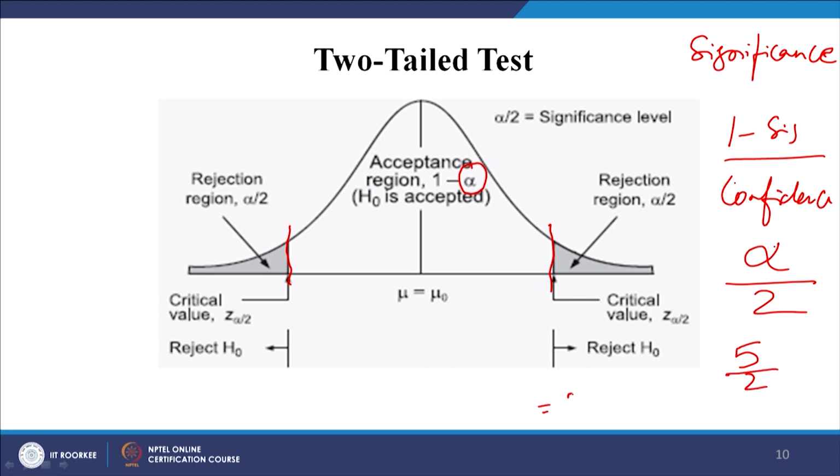So, that becomes 2.5% on the left plus 2.5% on the right. This is right side, this is left side. So, either way it can fall. If it goes beyond these values, this side and this side, then you are rejecting.